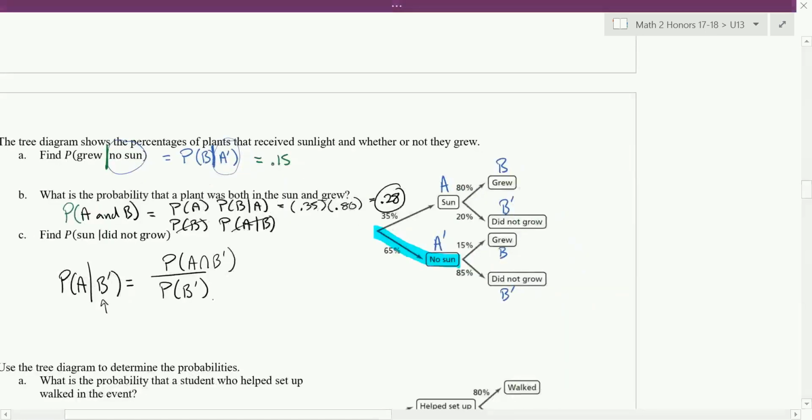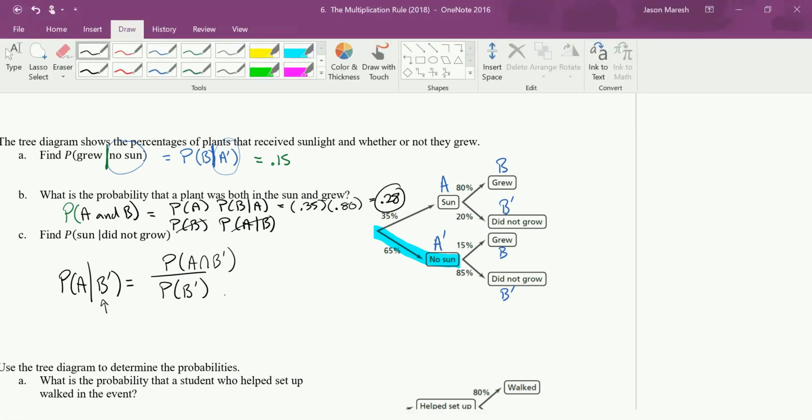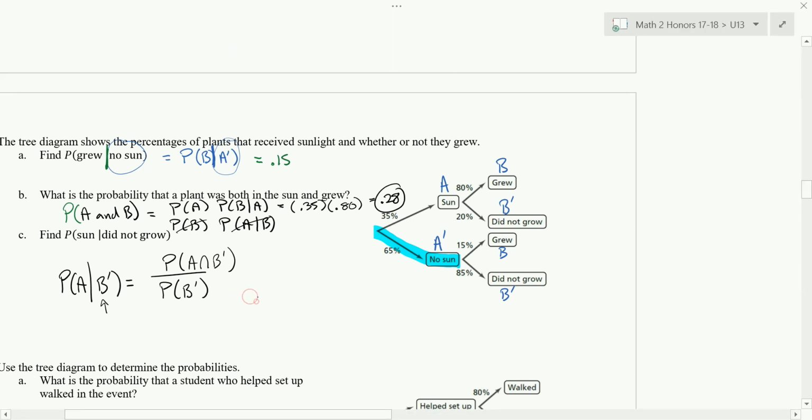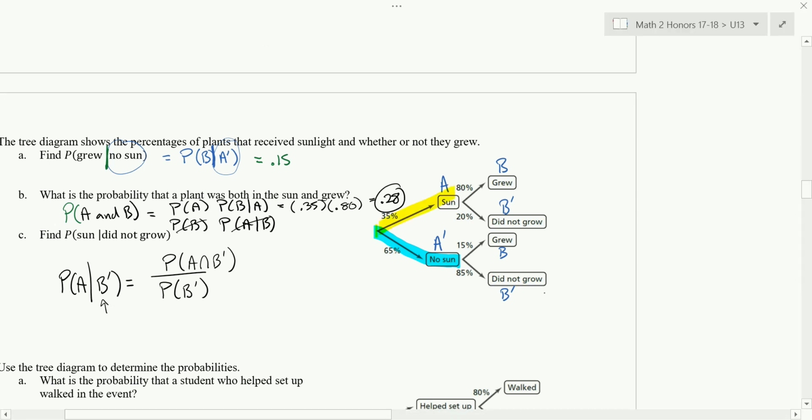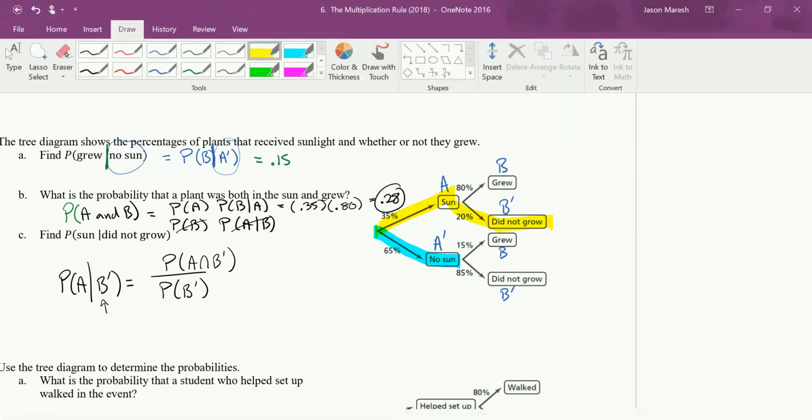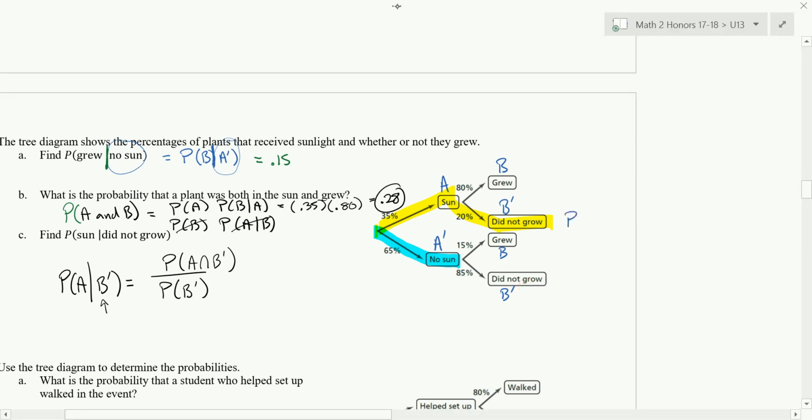So what makes it helpful here is this. So A and B prime we can follow that path. So it goes A and B prime. And so we can find that probability by multiplying together the 0.35 and the 0.2.